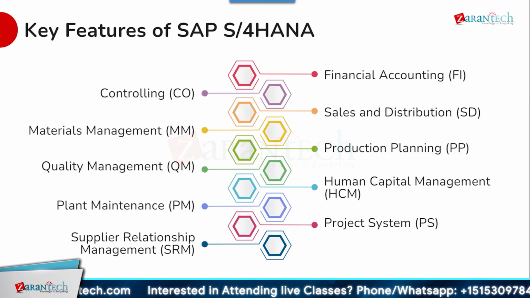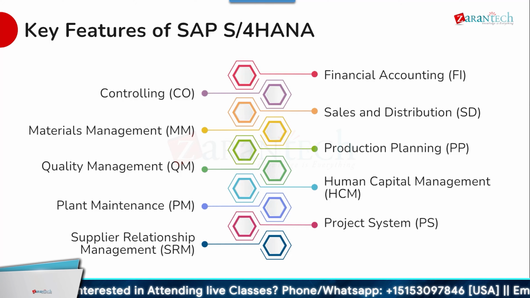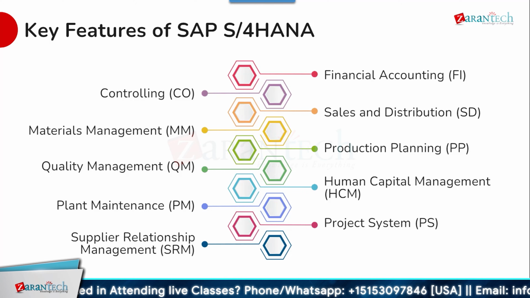After that, it comes materials management that handles procurement and inventory management by ensuring smooth supply chain operations. After that, it's production planning or PP. That optimizes manufacturing processes and production schedules for better efficiency. After that, it comes quality management or QM.